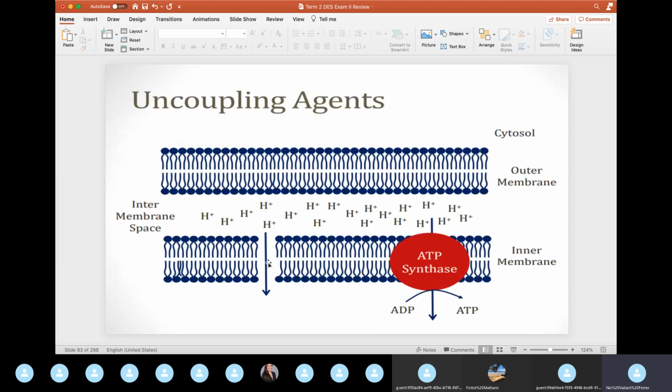Uncoupling agents, they put holes. Can you give an example of uncoupling agents? Aspirin. Aspirin, reversible or irreversible inhibitor of COX? Irreversible inhibitor of your COX.